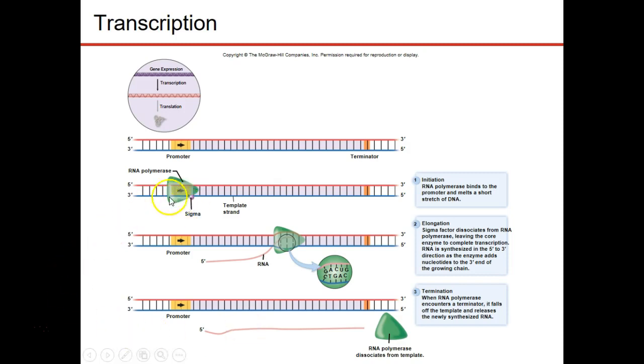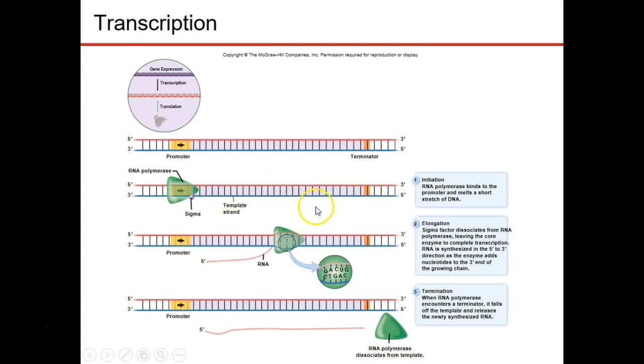So here you can see the RNA polymerase binding to the DNA at the region called the promoter site. RNA polymerase is going to run along the DNA molecule. As it moves, it denatures those bonds between the double-stranded DNA, allowing RNA nucleotides to come in and produce a copy of the DNA in an RNA format.